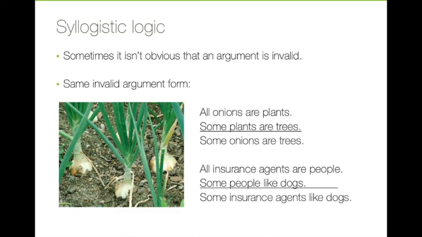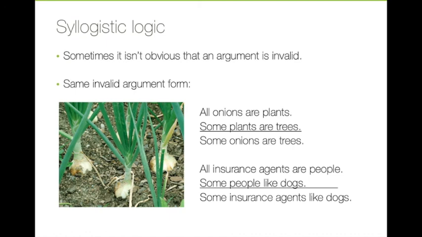But sometimes it's not that obvious that one of these argument forms is invalid. So there we had a false conclusion in this first example, the one we just looked at. But in the latter argument, the premises and conclusion are all plausibly true. So this one goes, all insurance agents are people. True. Some people like dogs.